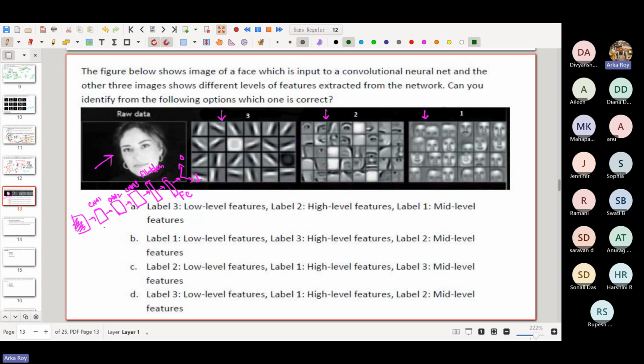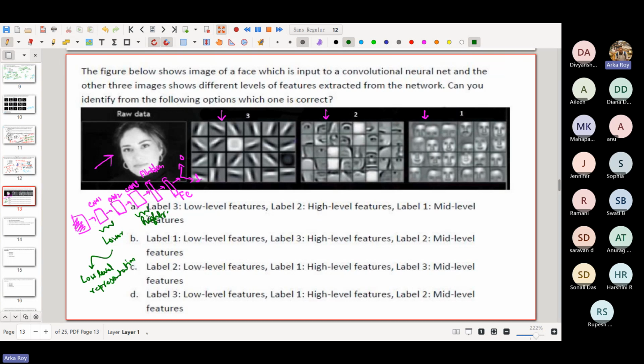Over here, at the first stage, these are the lower layers. Let's say CNN3 is the higher layer. The lower layer learns low level representation.